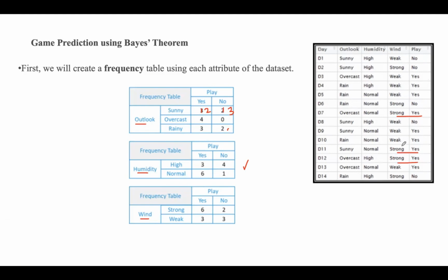Anywhere else? Strong, yes: 1, 2, 3. This is only 3. Strong, no: 1, 2, and 3. Strong, no is 3.